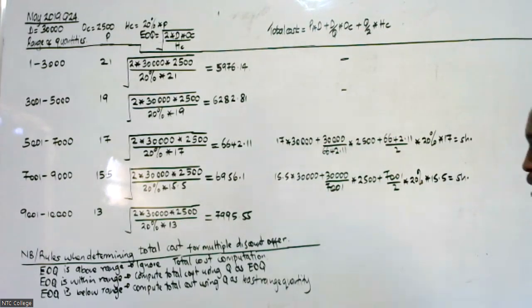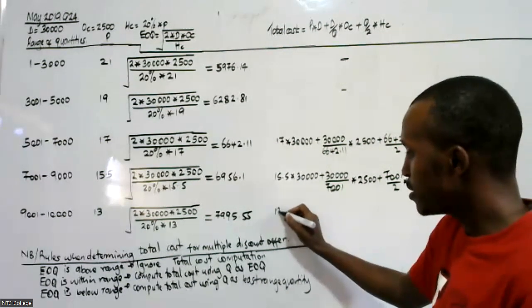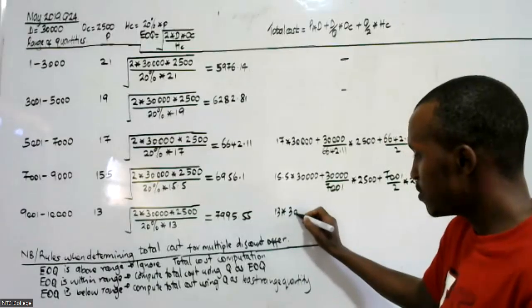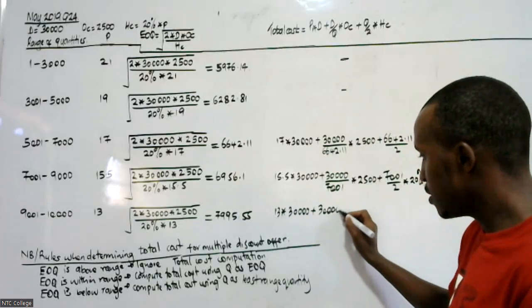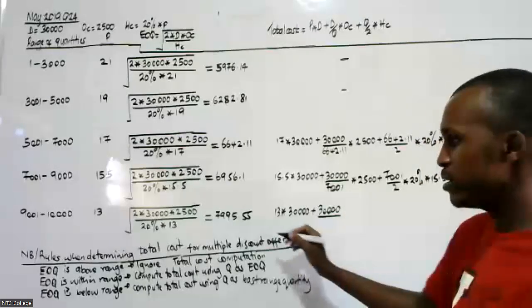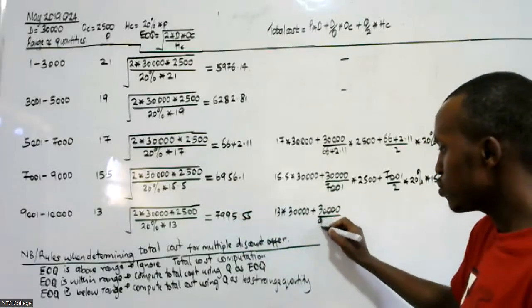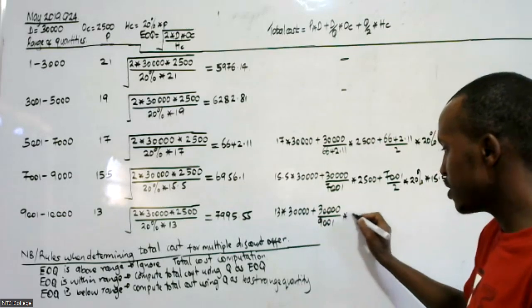Then the next one, 13 times 30,000 plus 30,000 divided by, it is below the range, so your least quantity should be 9,001.